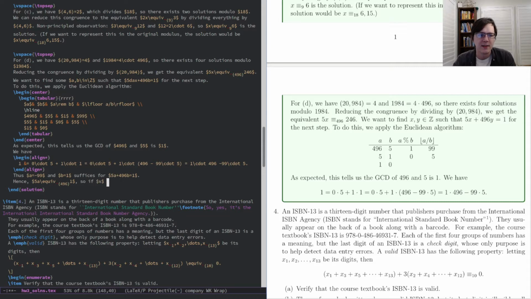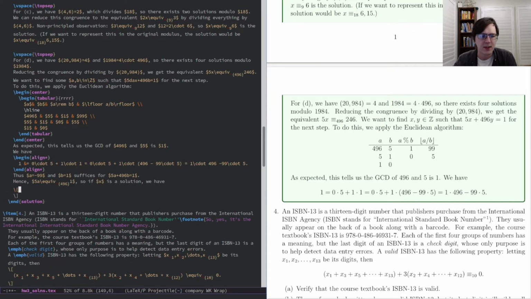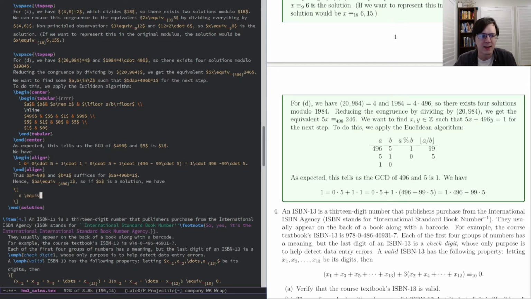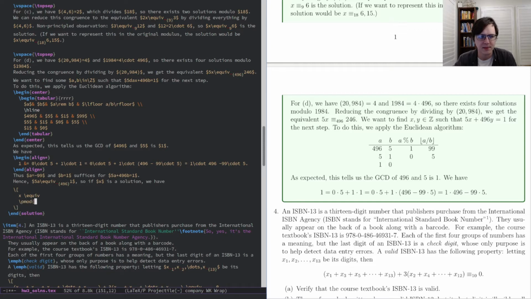Well, we have x is congruent, or I'm going to use the mod notation this time, x is congruent to 5ax because 5a is congruent to 1, and 5ax is 5xa, which is equivalent to 246a.